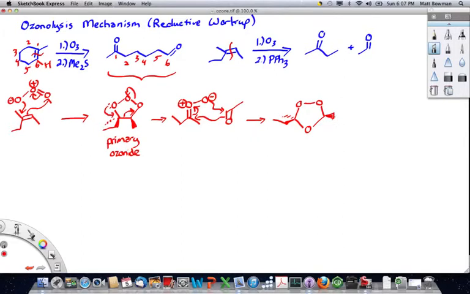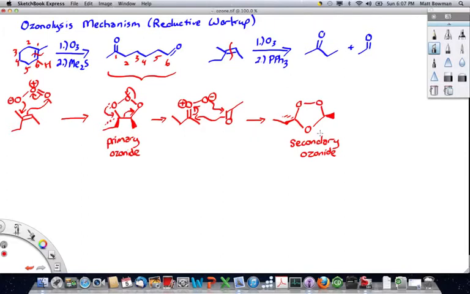And this molecule right here is referred to as the secondary ozonide. And this secondary ozonide waits until the workup step, whether oxidative workup or reductive workup.